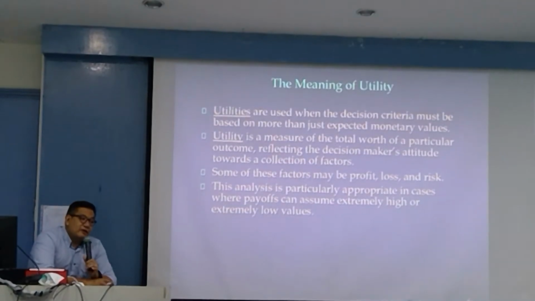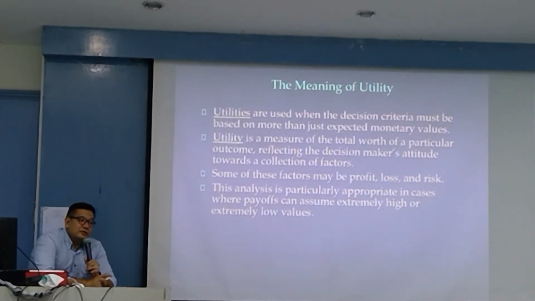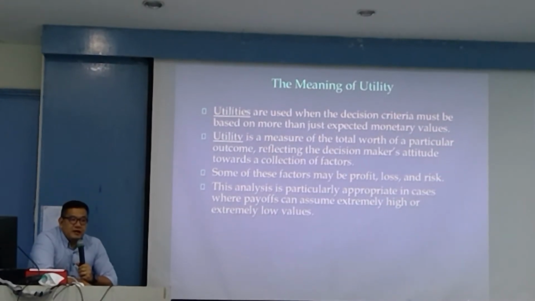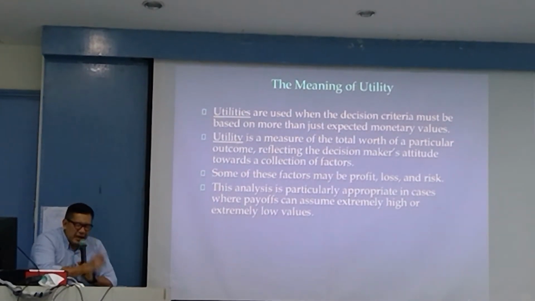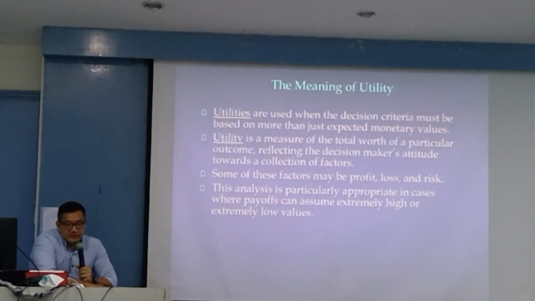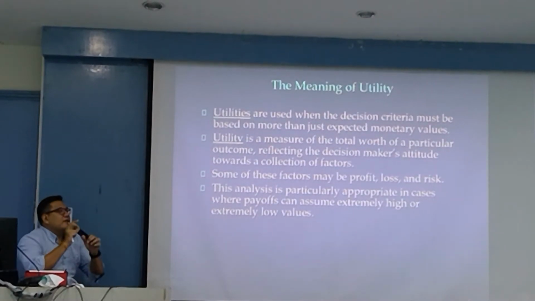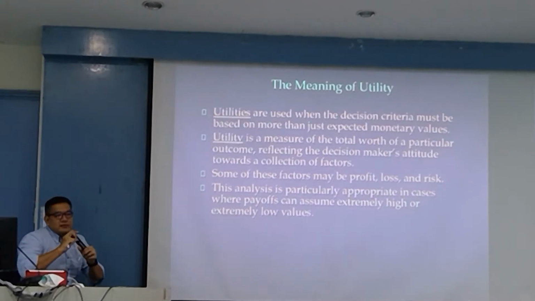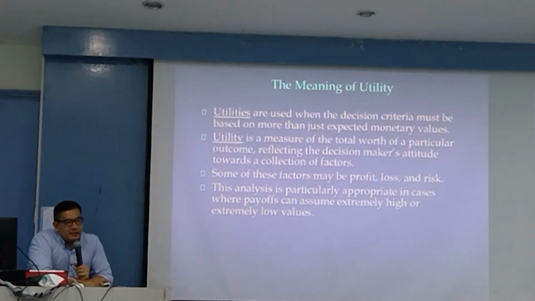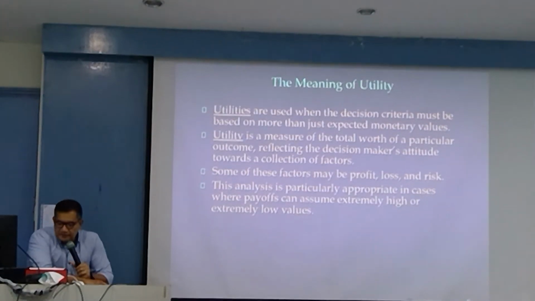So you can see that, based on these two different types of users who are going to apply the decision criteria, the alternative that you select may be different. So the utility tries not to use the money directly, but to measure the money based on your preference, based on your characteristics, whether you are a risk averse or risk lover person.